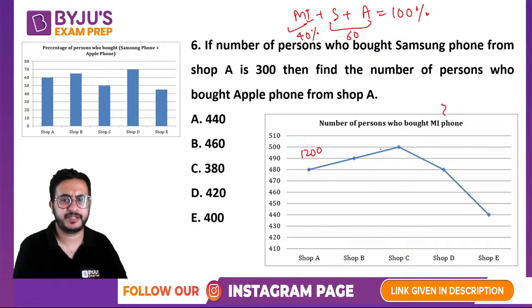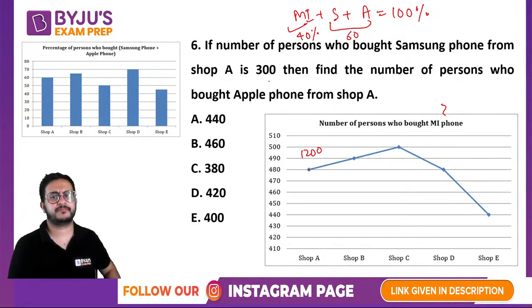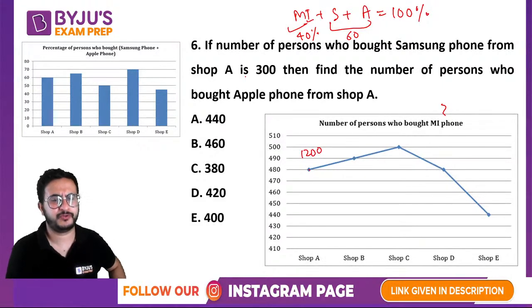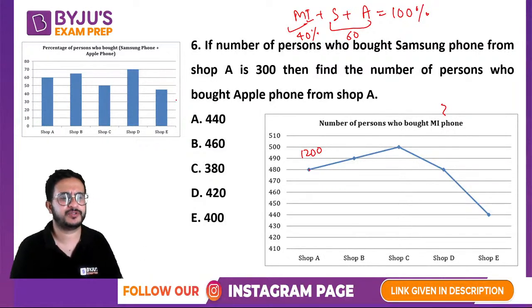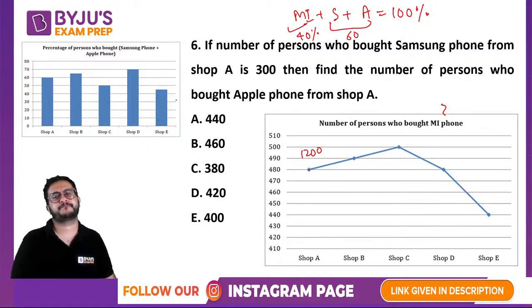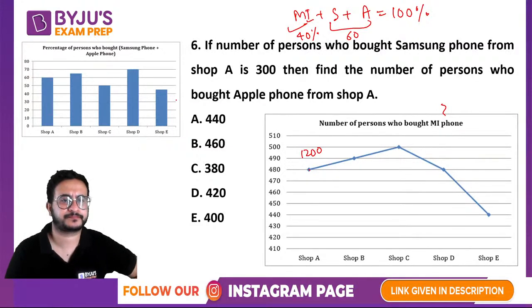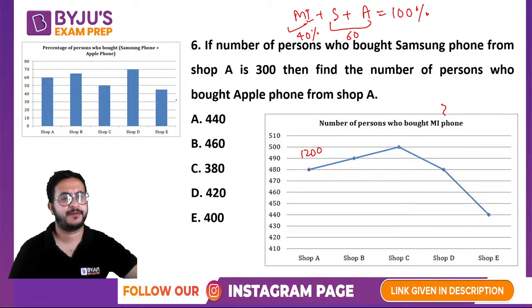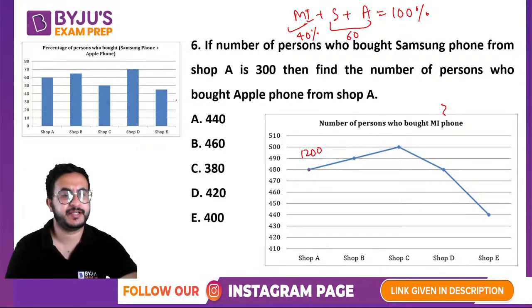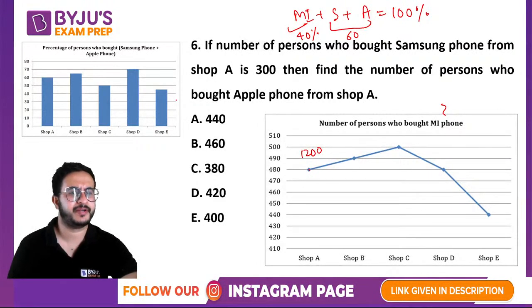So at least calculate these values. In this you don't have to calculate too many values. You can calculate the 5 values because those would be used. They've asked about shop A. This basic logic related to percentages should be covered. They've not given this; they've just mentioned that these 3 other phones, only phones sold.